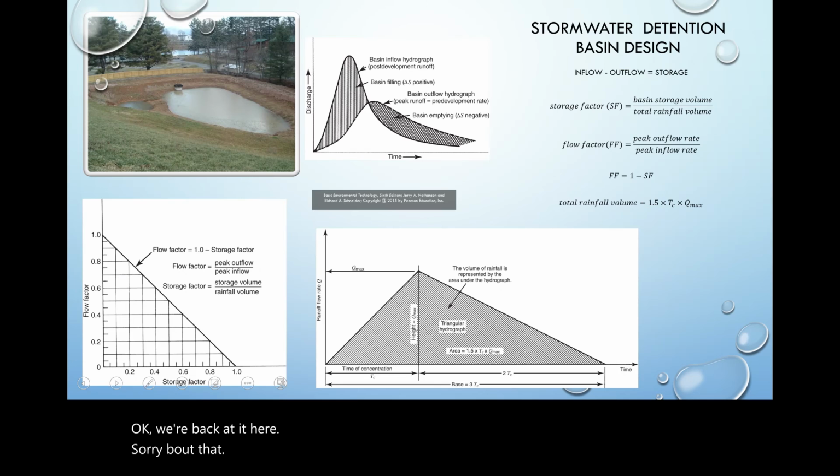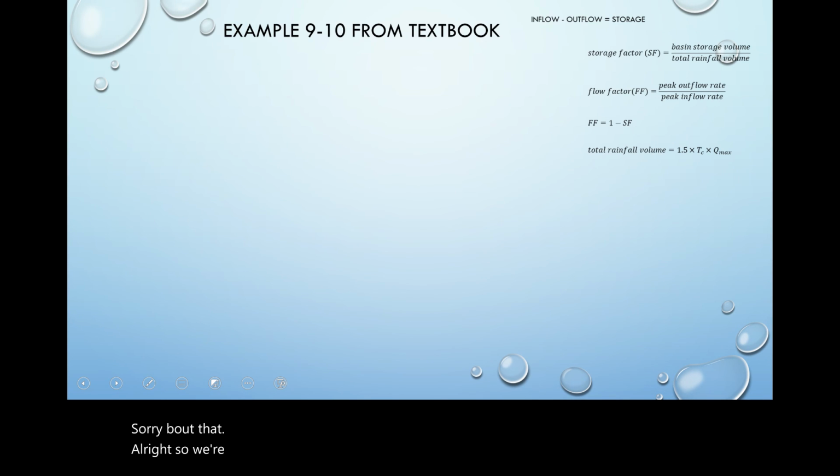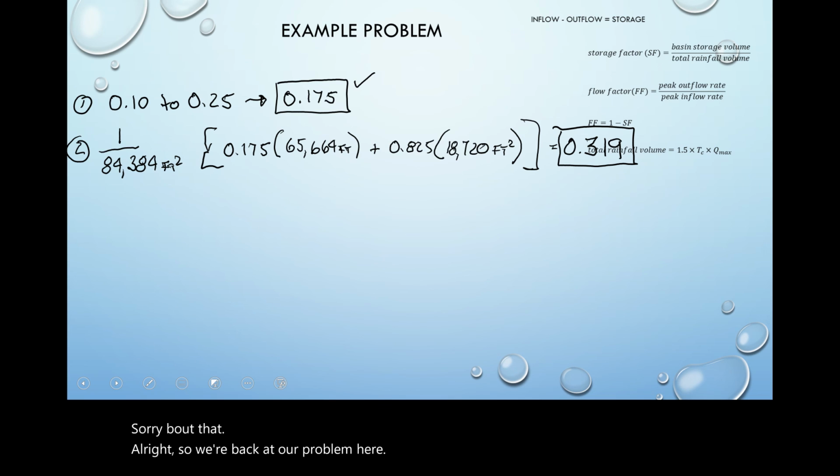All right, so we're back at our problem here. So based on that, I get 9 inches per hour. Regroup here. Okay, problem number 4.